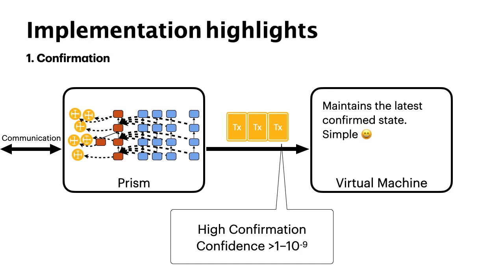So virtual machines such as MoveVM also only maintain the latest confirmed state. This is the reason why Prism is suitable for MoveVM, but the traditional longest chain protocol is not.